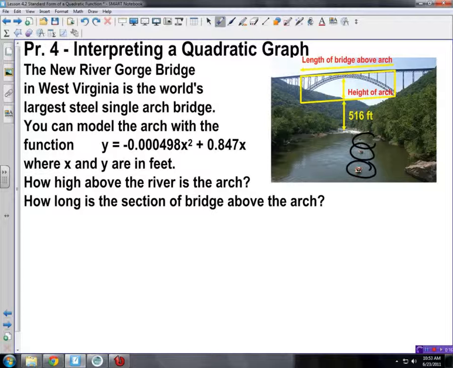We want to know a few things. One is, how high above the river is the arch? Right? So we're talking about this 516 plus the height of the arch. And then how long is a section of bridge above the arch, which means in this yellow box here, how long is that top part of that box?